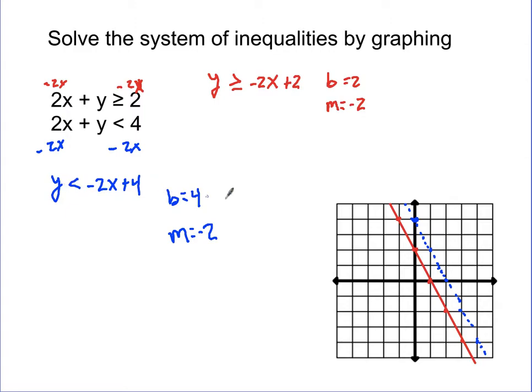This one is y is less than, which means it shades below. And so again, it's just the area that overlaps that would be true. So it's just this area between the two lines that is the solution to the system of equations. So we would just shade that one little area between the two lines, and that's okay.